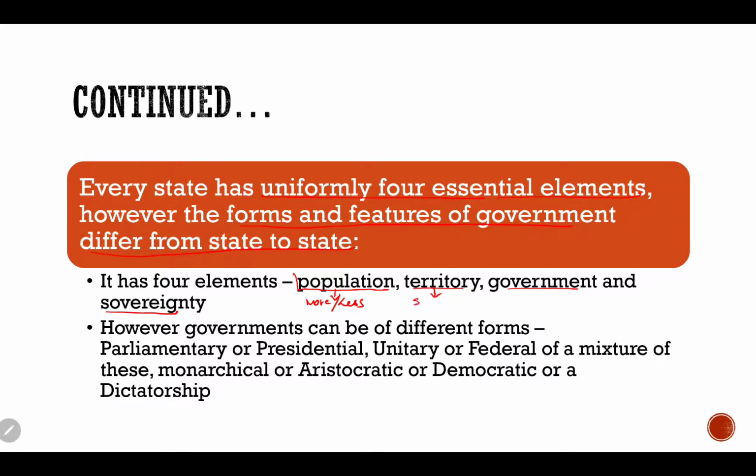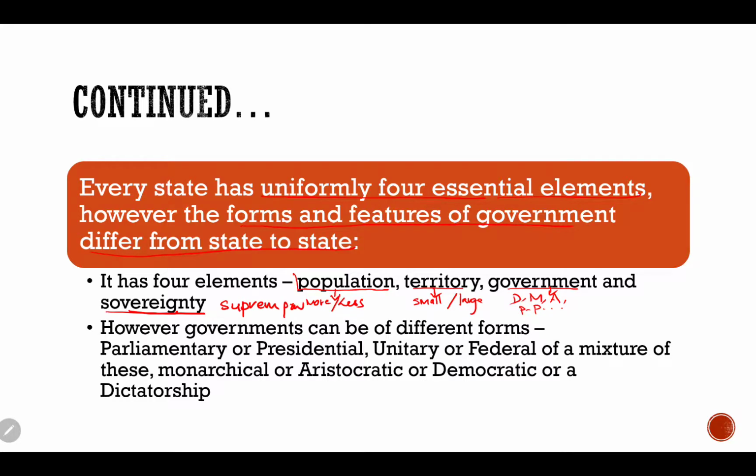Territory can be small or large. Government can follow democracy, monarchy, aristocracy, or a presidential or parliamentary form, and so on. And sovereignty is supreme power. It is very simple.